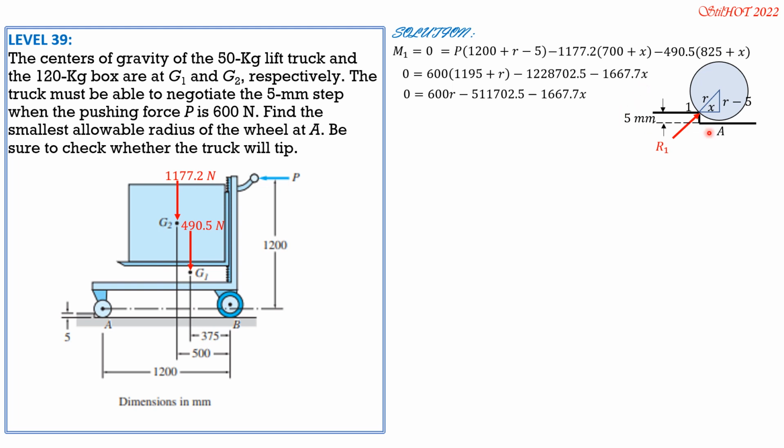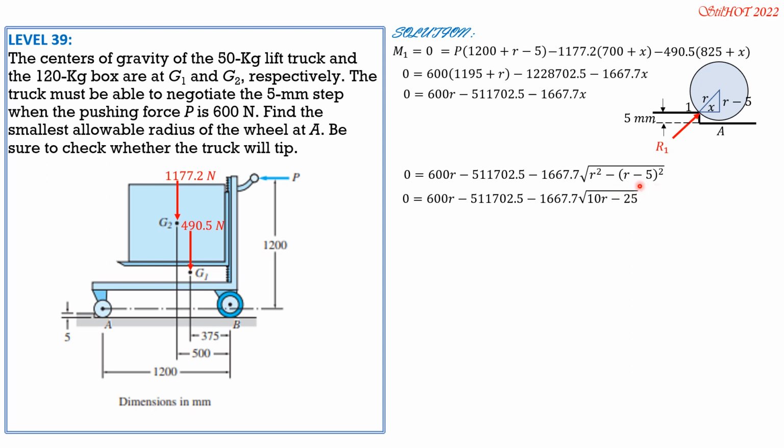1667.7x. Replacing x by square root of r squared minus quantity r minus 5 squared. So 600r minus 511,702.5 minus 1667.7 square root of r squared minus quantity r minus 5 squared. And we have 600r minus 511,702.5 minus 1667.7 square root of 10r minus 25, because r squared will be cancelled here.